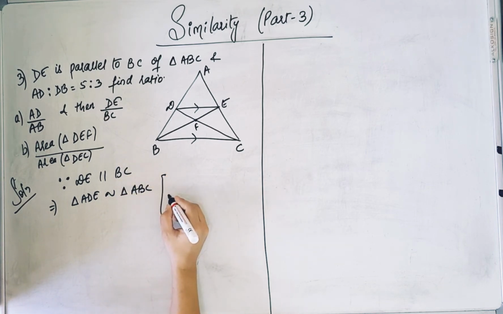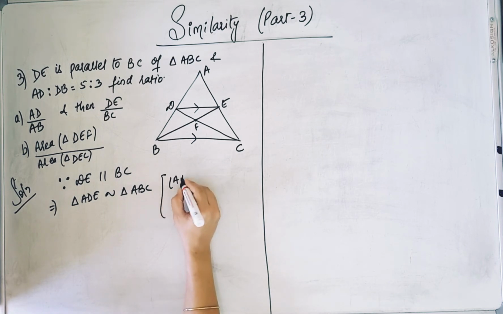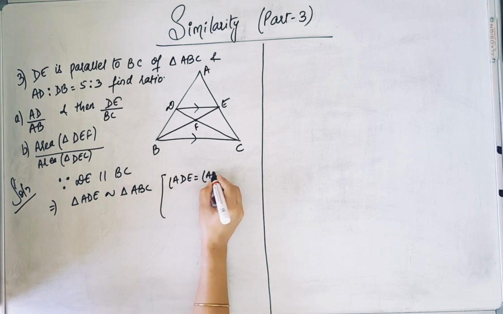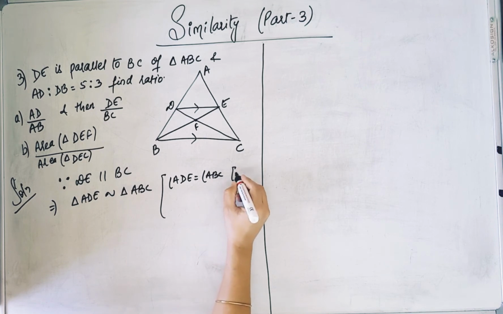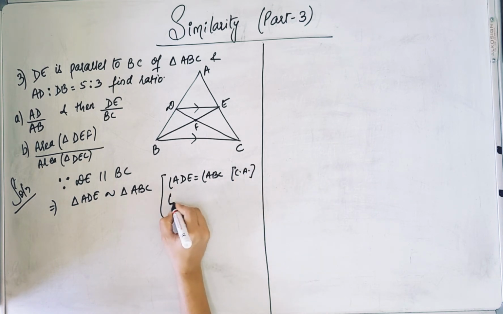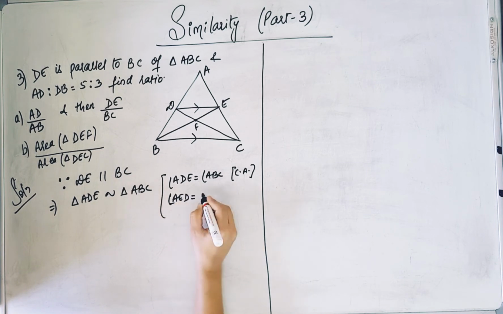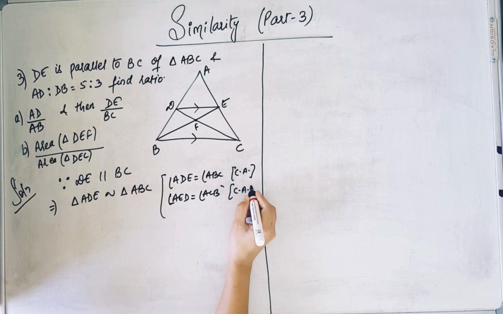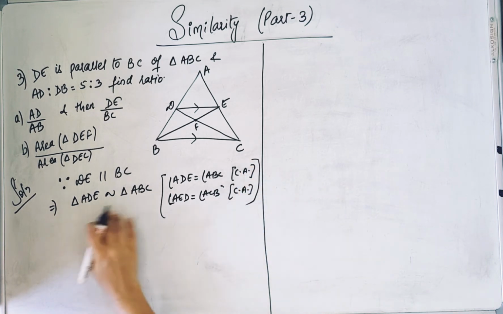Why? I'll be writing two conditions over here. First, angle ADE is equal to angle ABC, corresponding angles, and second, angle AED is equal to angle ACB. Again, why? Corresponding angles. So triangles are similar.